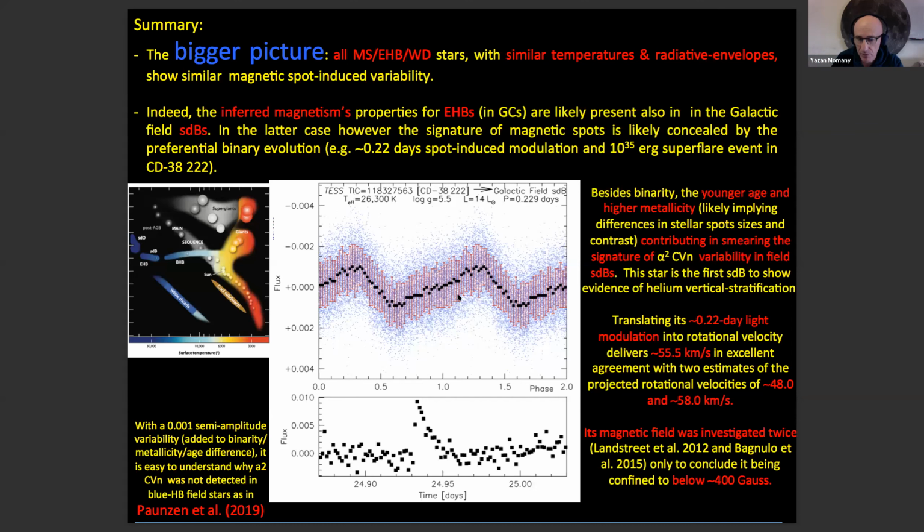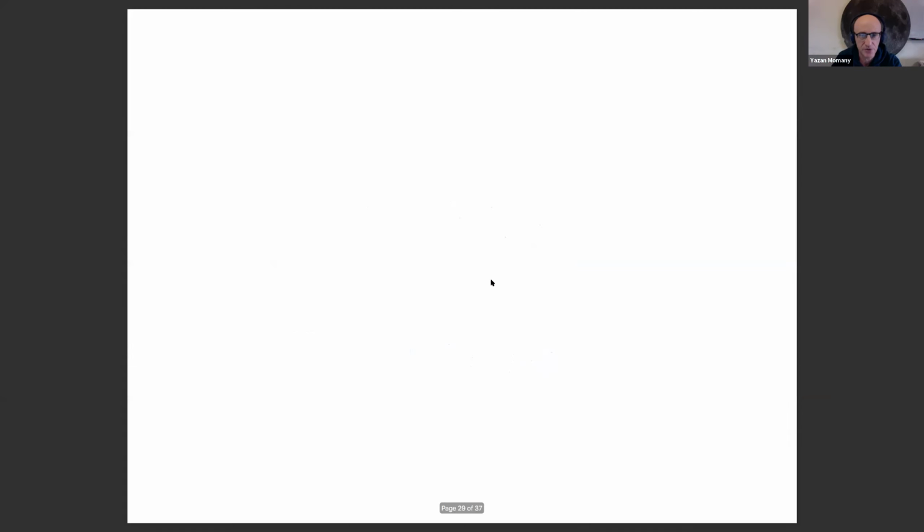But what is really important here is that the TESS monitoring offered us a possibility to detect a superflare for this star, a superflare with 10 to the 35 energy, and this allows us to say the following: regardless of the fact that you detect the magnetic field or not, this star does have one, and it has a good spot on it.